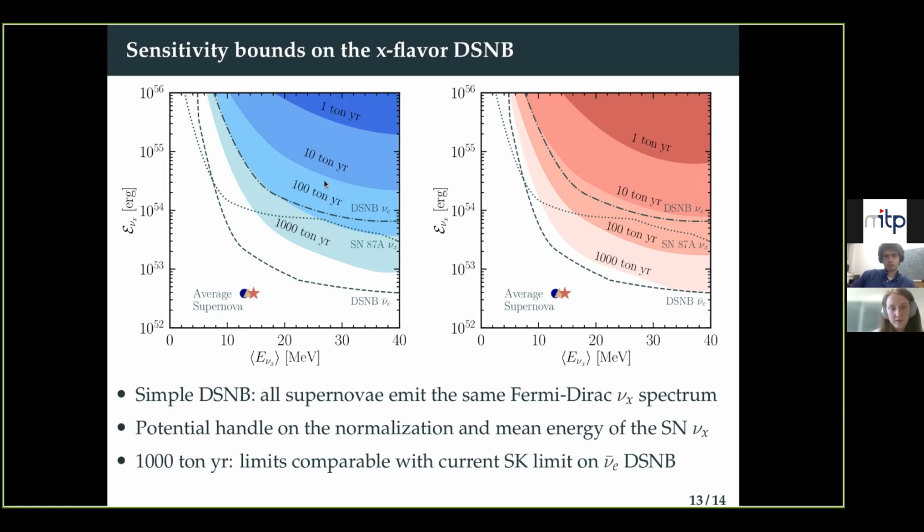We again see that the largest exposure can reach the current limit on the DSNB anti-neutrino flavor, and even smaller exposures, like 100 tons, can also be competitive in setting limits on the electron flavor component.